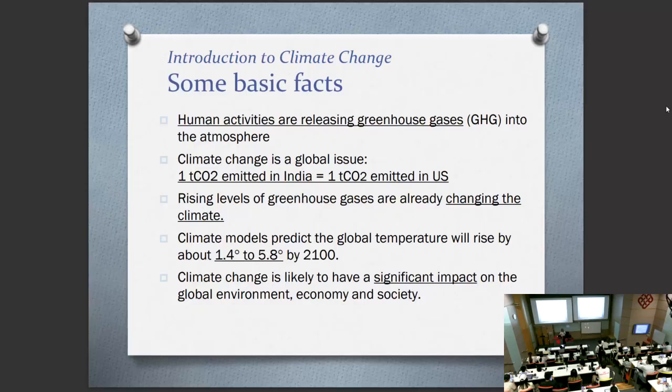But we call it carbon footprint. We use carbon because this is the most predominant greenhouse gas in the atmosphere. In this classroom, we are already releasing greenhouse gases directly and indirectly. We are human beings. We need to breathe, right? When we breathe, we are releasing carbon dioxide.